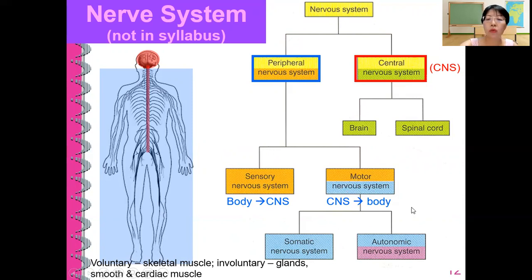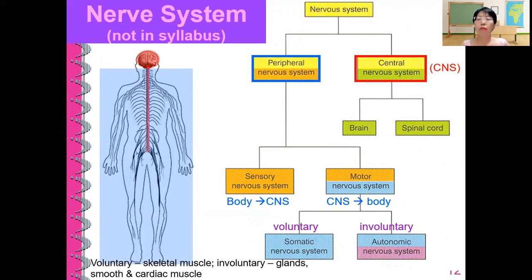Now, somatic and autonomic, what does it mean? The actions that are carried out in the body, the work that is done by the body, can be voluntary or involuntary. Voluntary means you can control it. You think you want to talk, you want to walk somewhere, to stretch out your hand to pick something. You can control that. You want to see something, so you turn your eyeball.